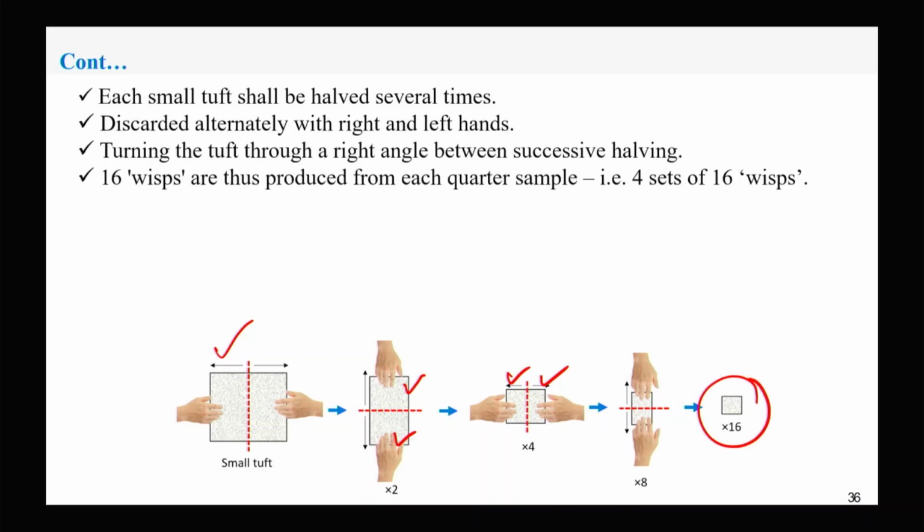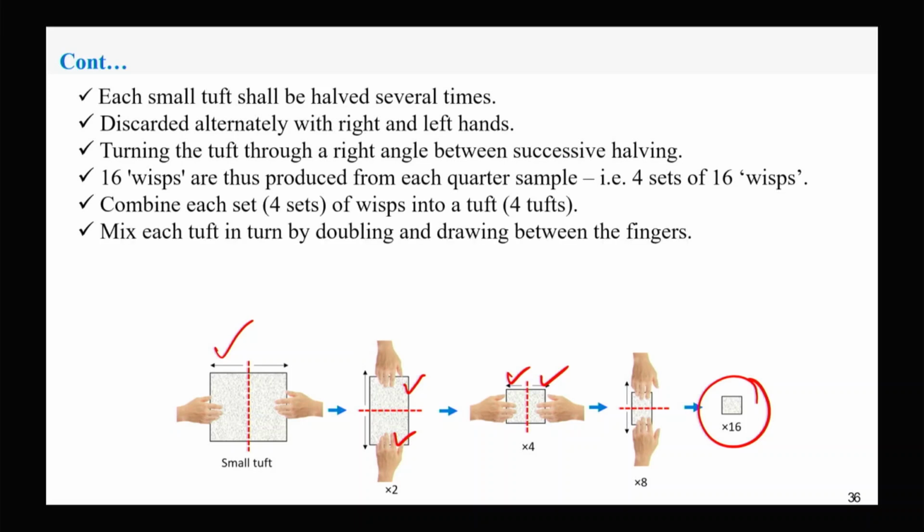First, each small tuft shall be halved several times, discarding alternately with the right and left hand, as I have explained, turning the tuft through a right angle. One division is lengthwise, and then we turn it. Each time we turn it to its right angle so that we are again randomizing the position.